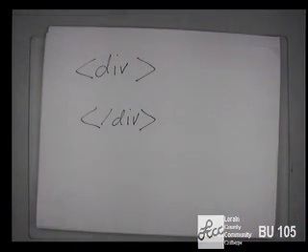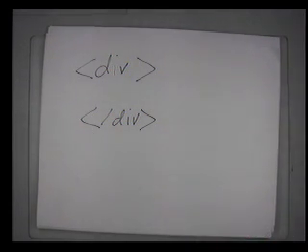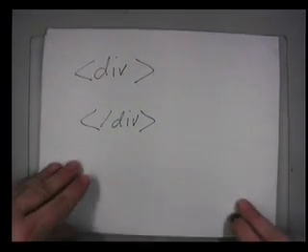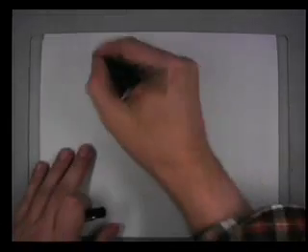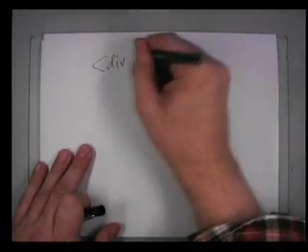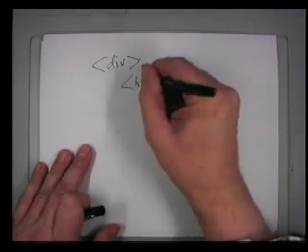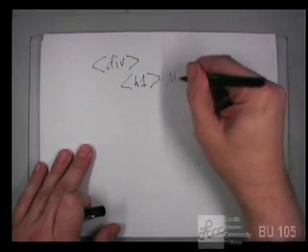Div stands for division. Think of a division or a section of the page. So if you were creating a web page, the banner at the very top of your page you might have a div for. So you might have a div with an H1 that would say my home page.